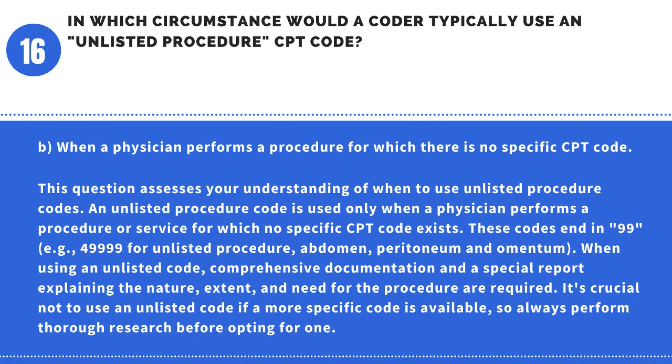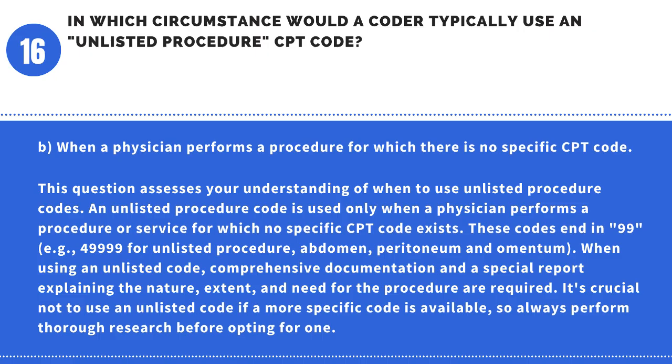Answer B. When a physician performs a procedure for which there is no specific CPT code. This question assesses your understanding of when to use unlisted procedure codes. An unlisted procedure code is used only when a physician performs a procedure or service for which no specific CPT code exists.